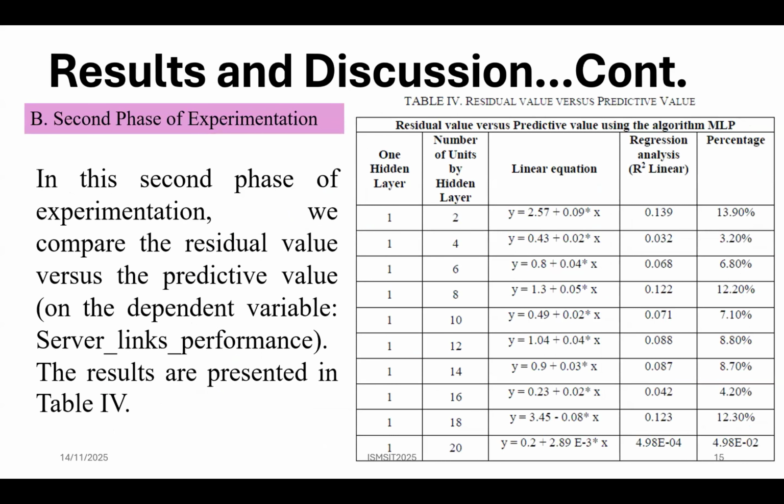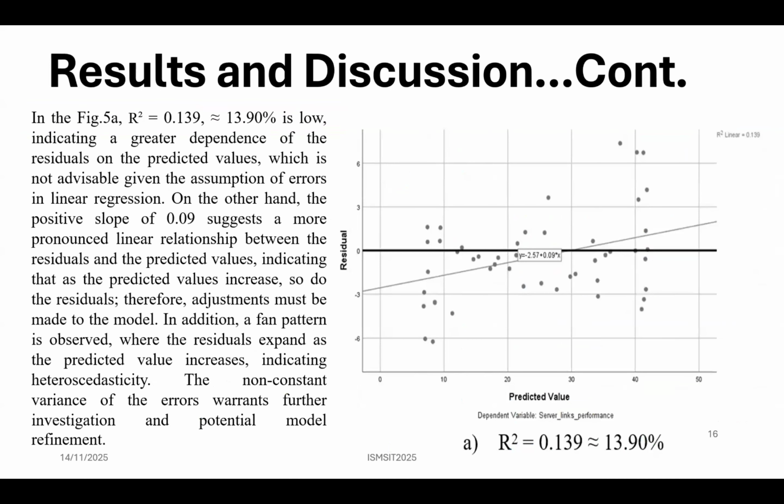The second phase of experimentation compares the residual value versus the predicted value of the dependent variable, server links performance. The results are presented in Table 4, and the corresponding figure is Figure 5A, where we can see the predicted value versus the residual.